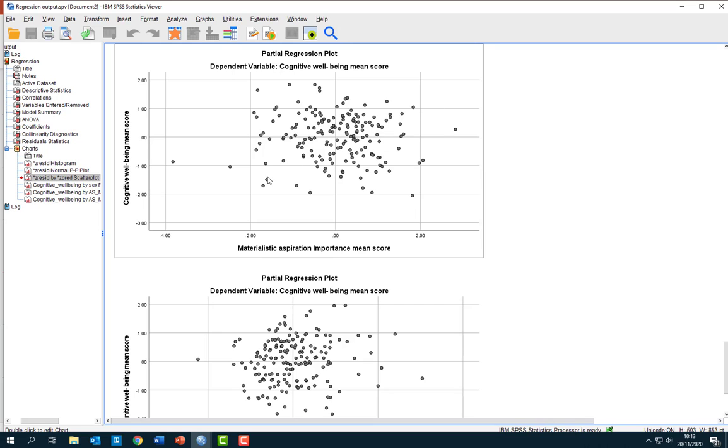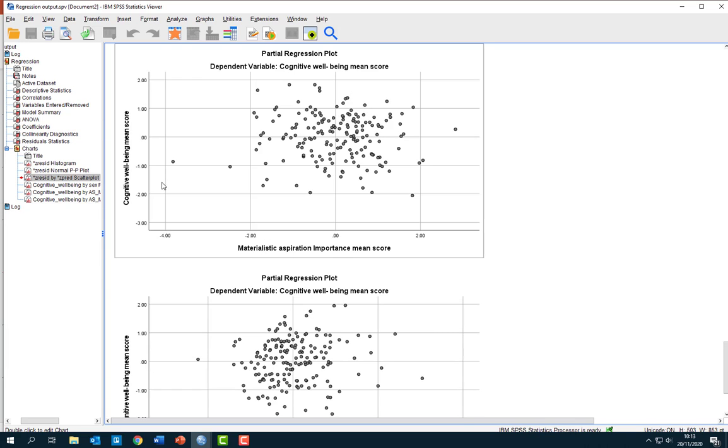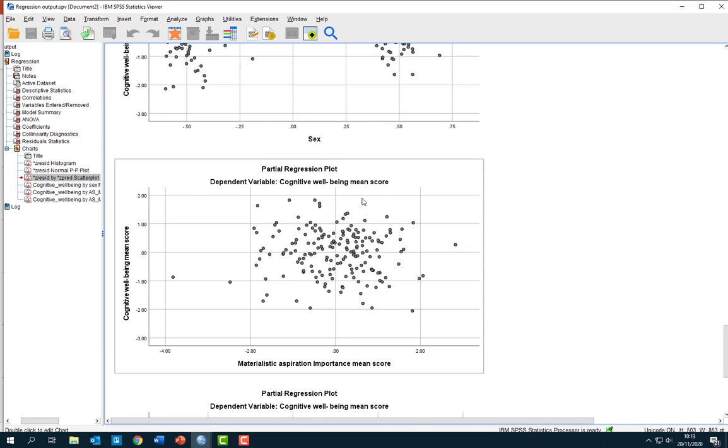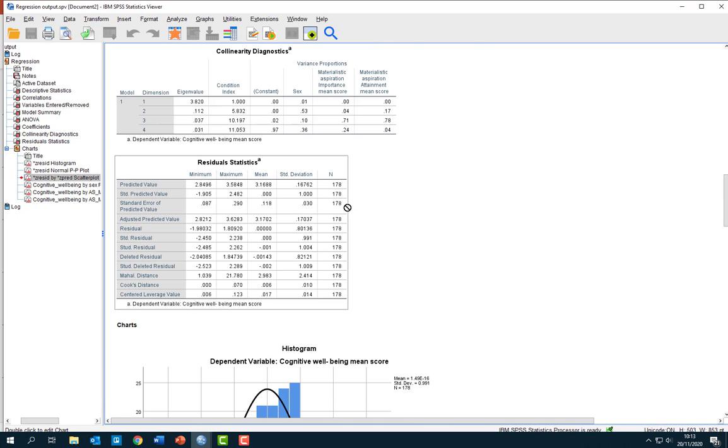It doesn't look like there's an awful lot going on here, to be honest. There could be a couple of outliers, but nothing too extreme. It looks like you probably haven't got too much going on with either of these individually and our cognitive well-being. So overall, it suggests that we've met the assumptions substantially enough to warrant the interpretation of the results.